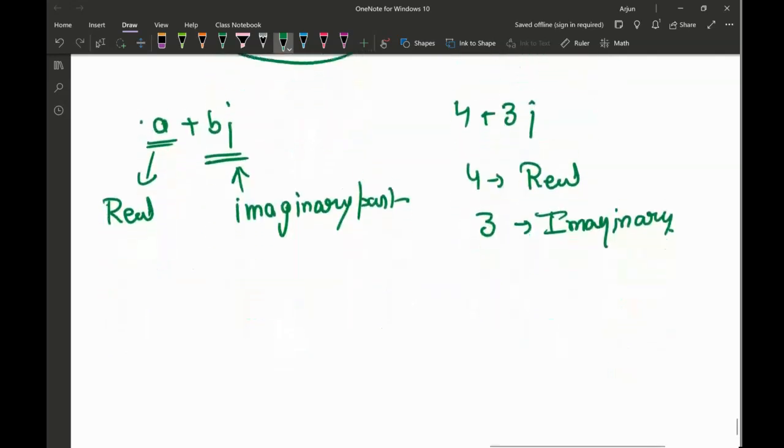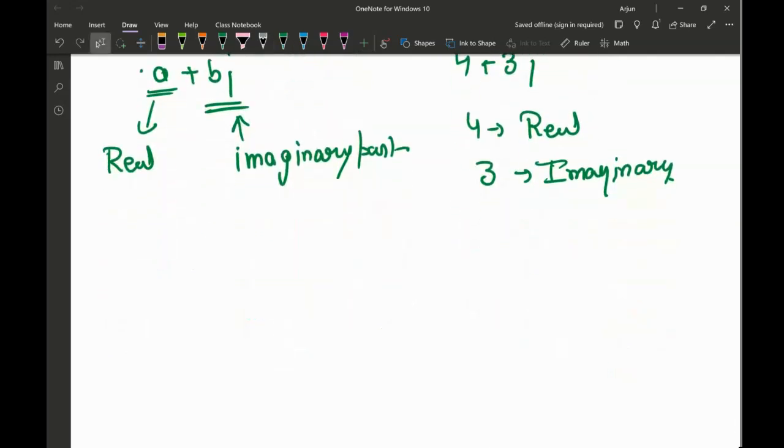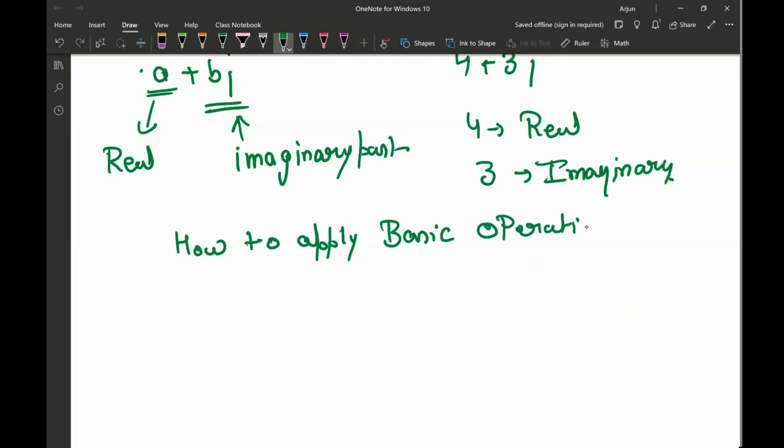Alright, so then there is another thing: how to apply the basic operations on a complex number.